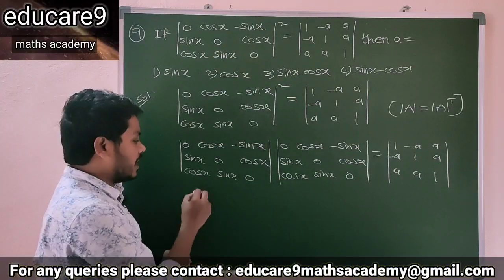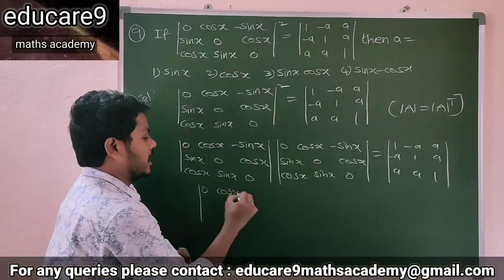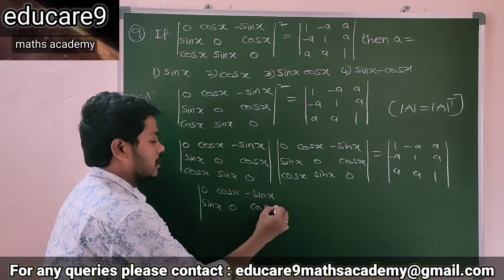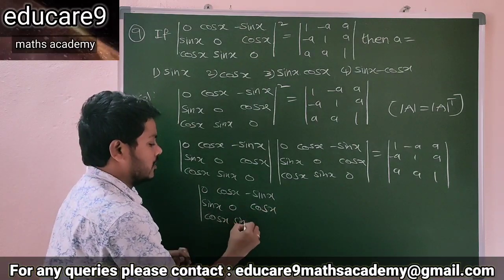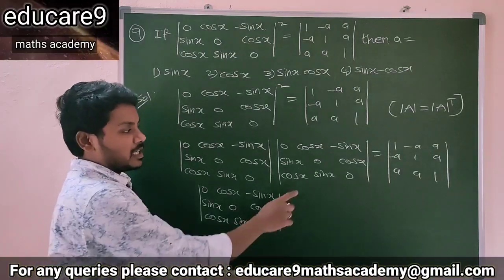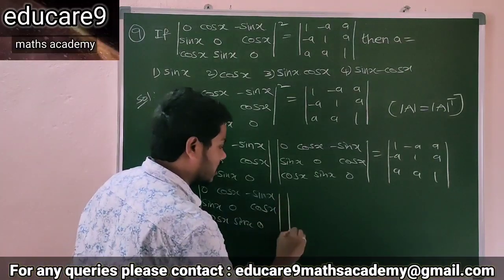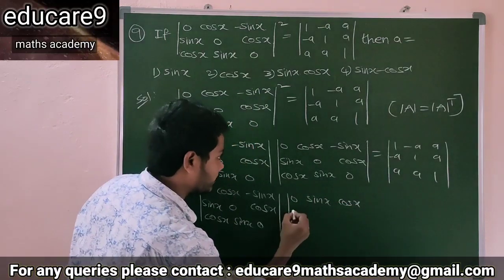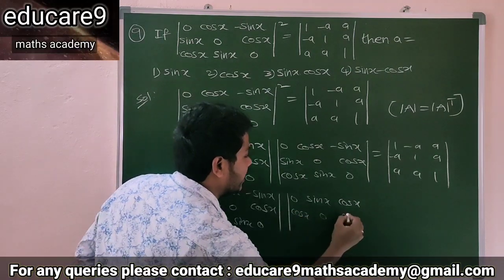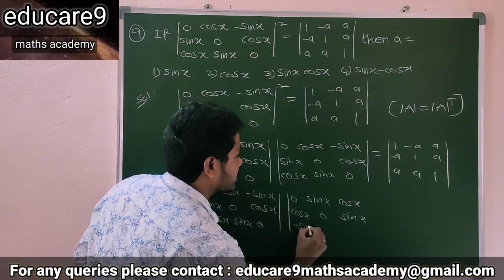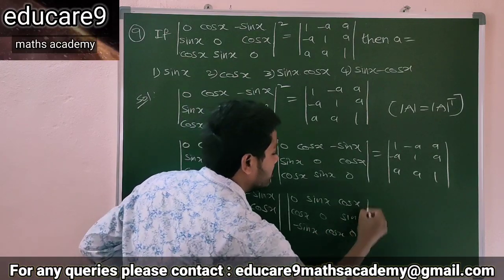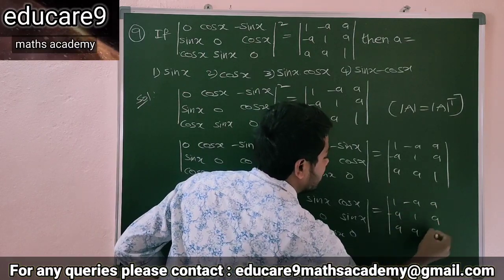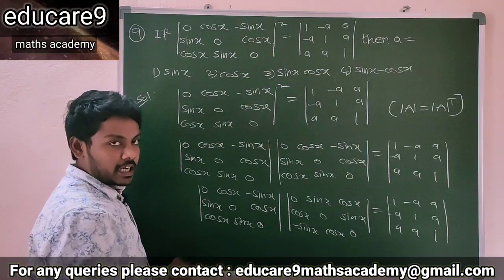Next, clearly this can be written with the matrix [0, cos x, minus sin x; sin x, 0, cos x; cos x, sin x, 0] times the transpose of this matrix, that is [0, sin x, cos x; cos x, 0, sin x; minus sin x, cos x, 0], is equal to [1, minus a; minus a, 1]. Now equate the corresponding elements.